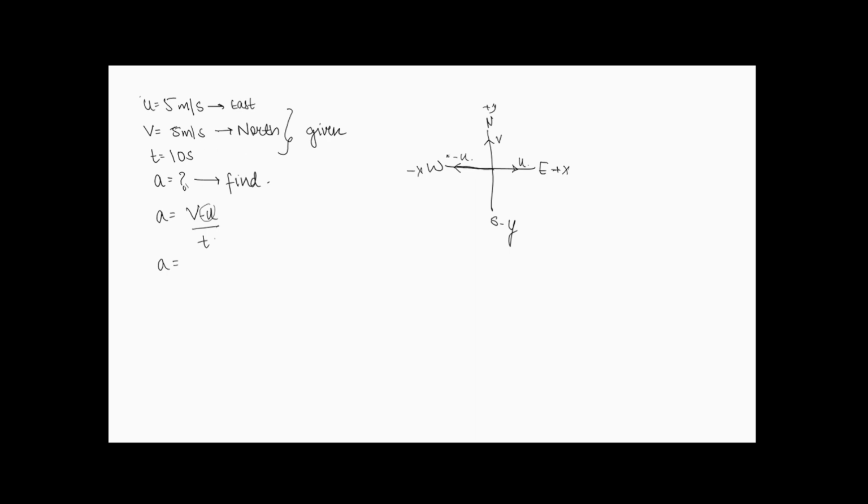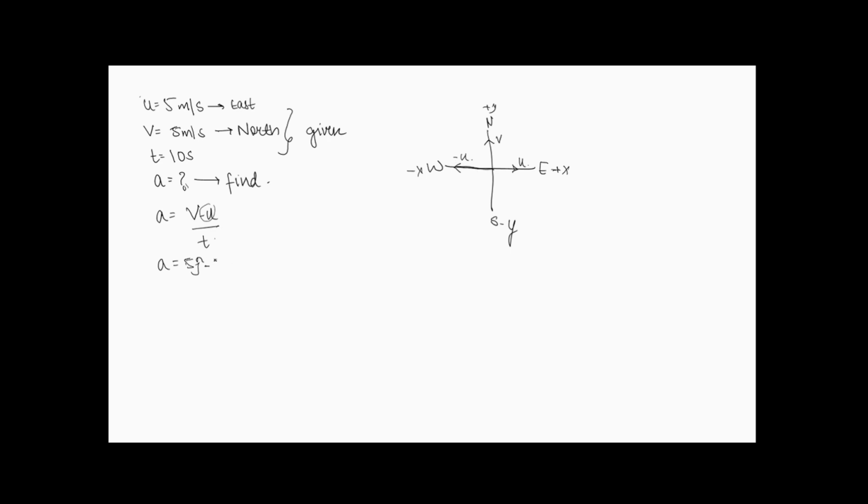V is in north direction, which is in positive y-axis. So v is equal to 5j cap, minus u. Plus u is in positive x-axis, and negative u is in negative x-axis.